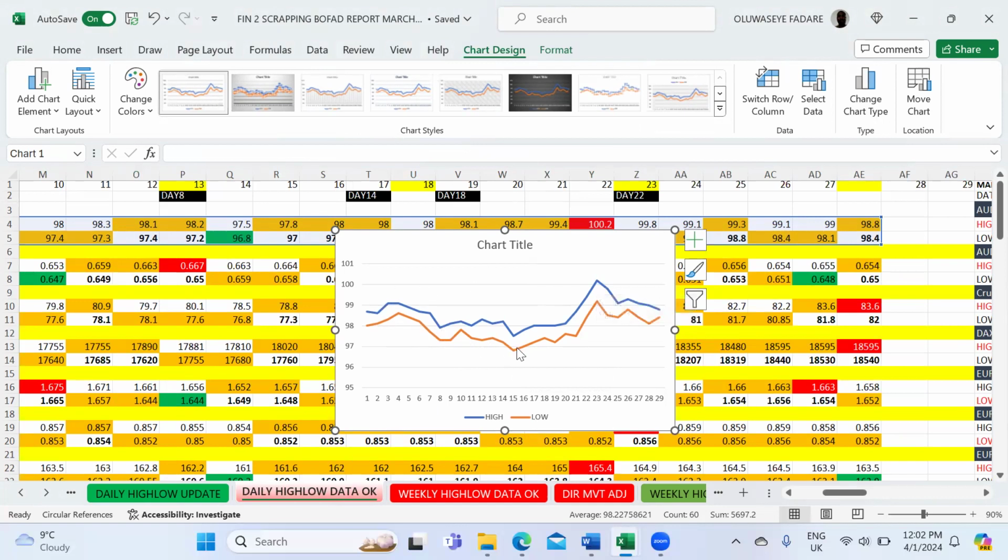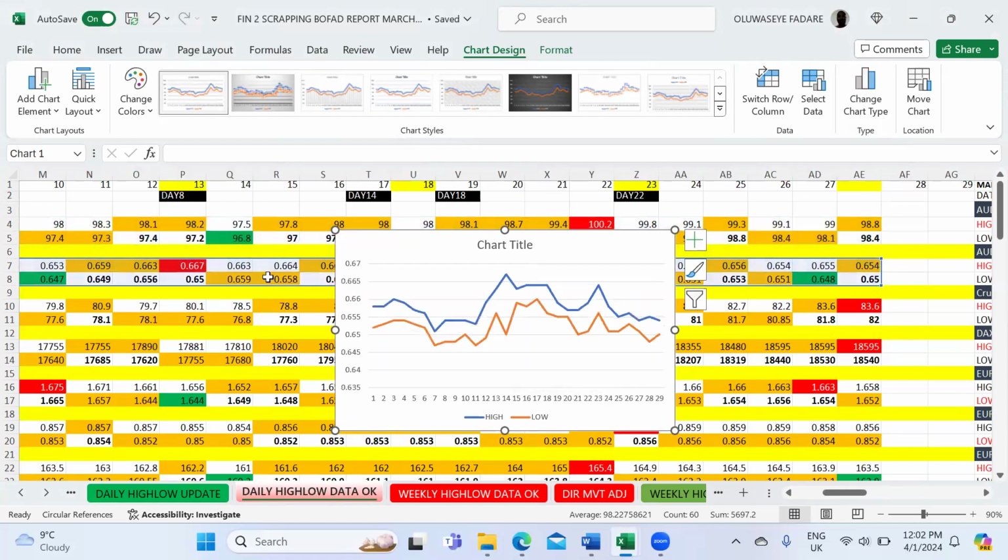So our ability to identify this peak as our lowest will help us to take a buy decision to the high peak. Initially, the market was high at this point, so it was a sell all downwards to this point. And then from this point, it changed to a buy. That's for AUDJPY. Let's look at another product, Euro AUD.